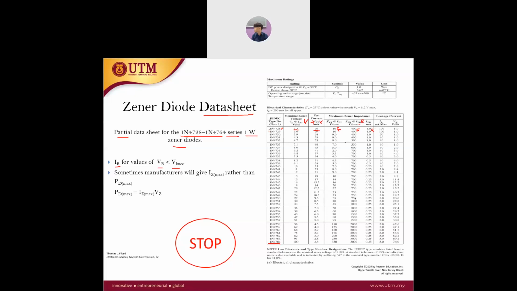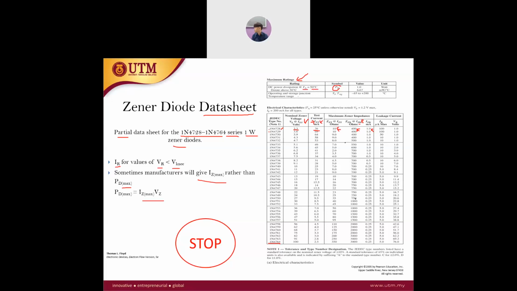Sometimes the manufacturer will give IZ max rather than PD max, but it's okay because you are still able to calculate P max equal to IZ max times VZ. So these are the maximum ratings in the data sheet of the Zener diodes for these models. The symbol PD is for the maximum dissipation that can be tolerated by the Zener diode. It is the DC power dissipation at an ambient temperature of 50 degrees Celsius.